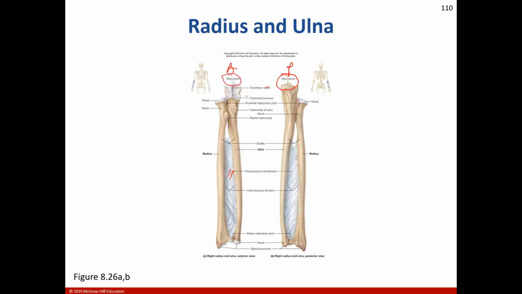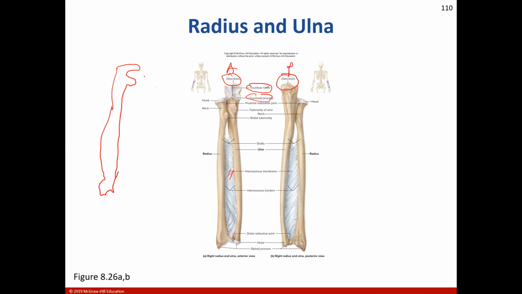The coronoid process is on the anterior. So you have this notch in the middle. It's really just a space. It kind of looks like a wrench. Like if I drew it, this is the head of the ulna, the top of the ulna, and then the bottom comes down like this.